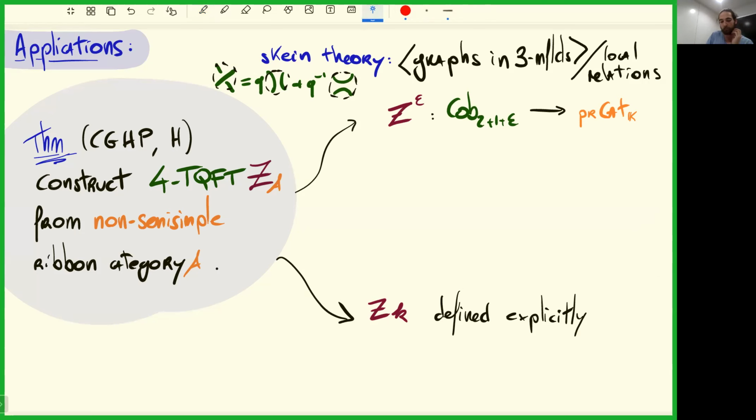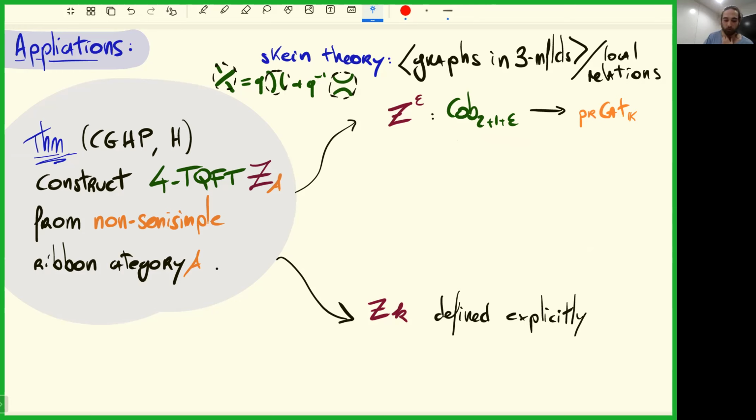These graphs in 3D modulo what we call skein relations will give you a vector space, and these vector spaces assemble themselves into exactly a 4D theory, but that's not defined in dimension 4.